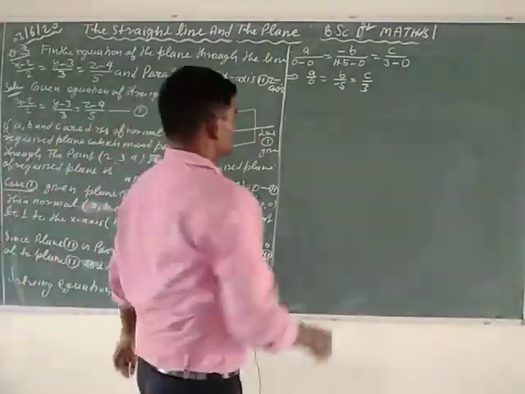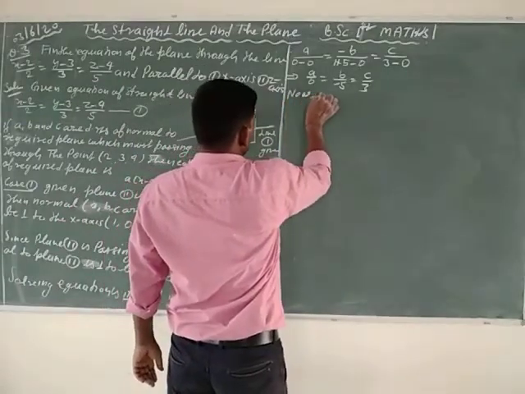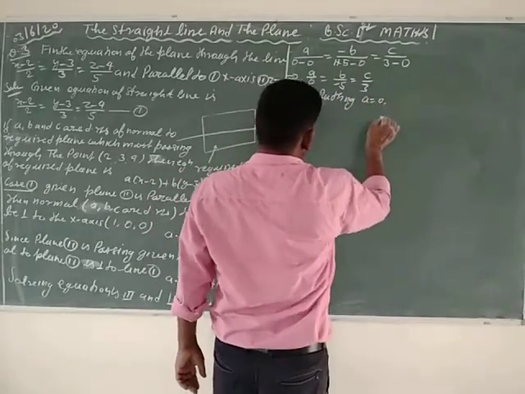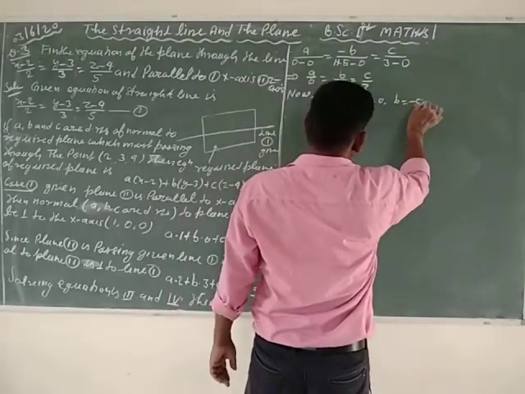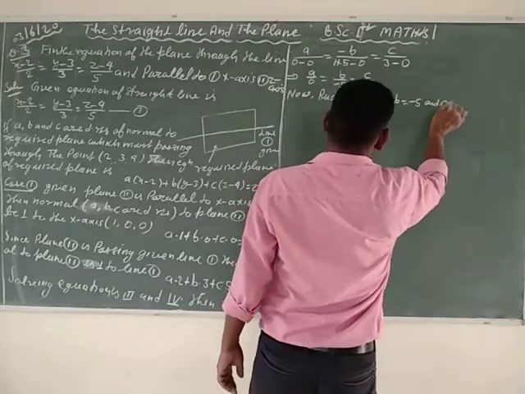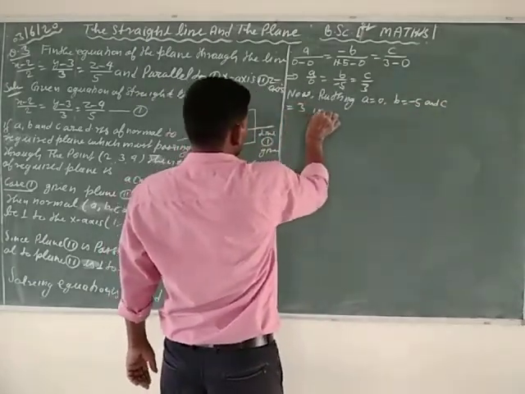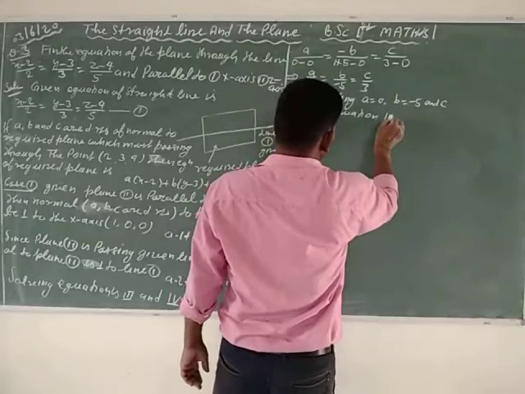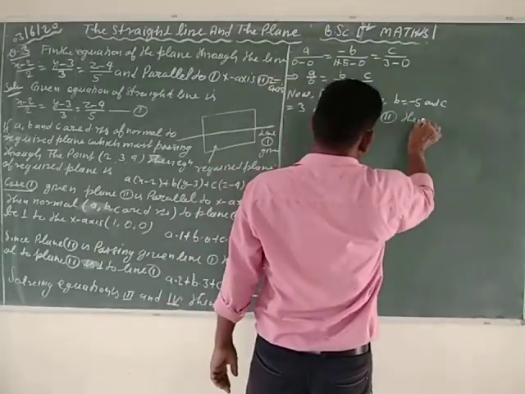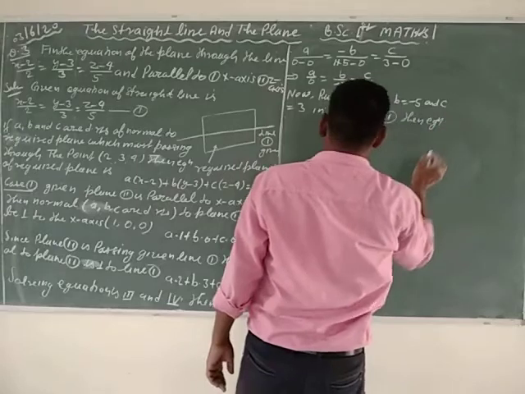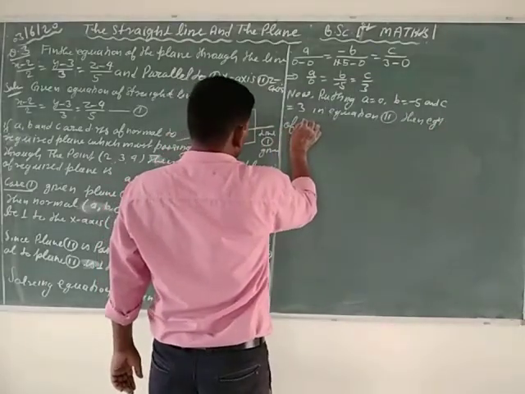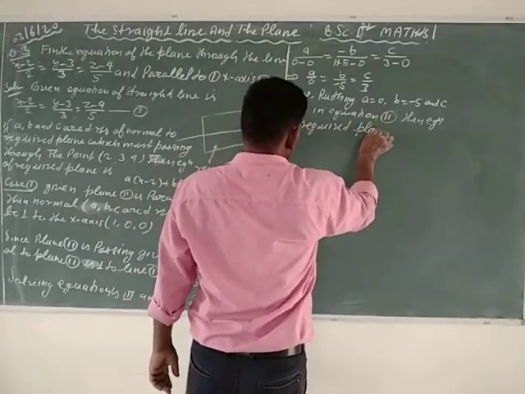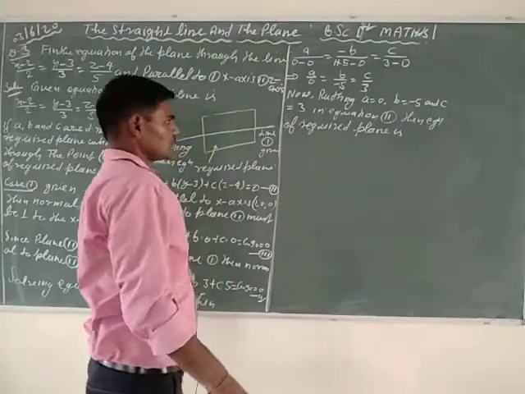Now putting these values, A is equal to 0, B is equal to minus 5 and C is equal to 3, in equation second, the equation of the required plane is obtained.